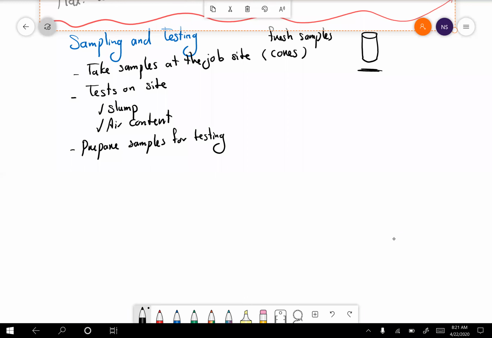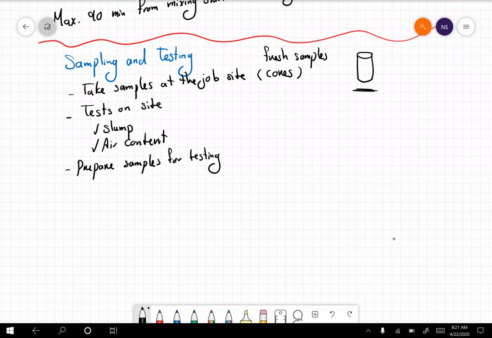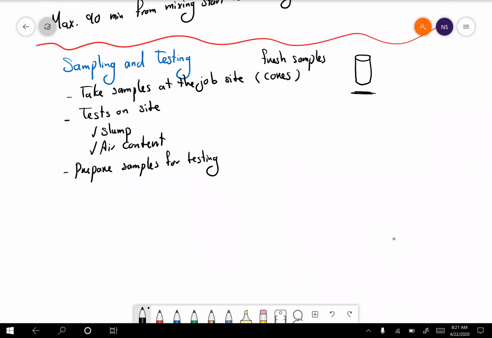Okay, so this is the type of sample that we need to prepare in the lab, the cylindrical sample, and also we need to take samples for a beam sample, so either cylinder or beam samples.